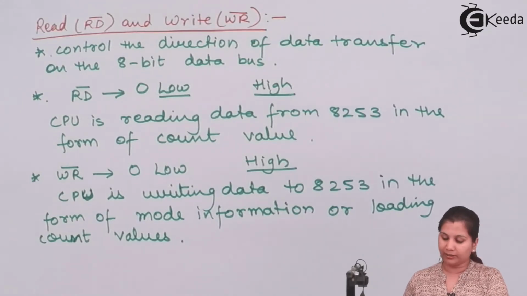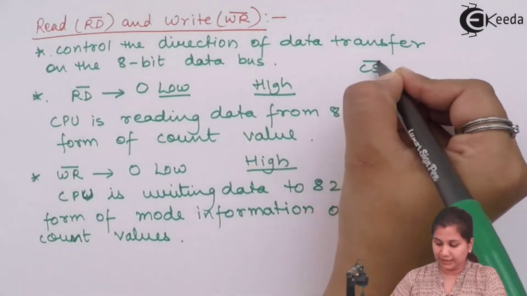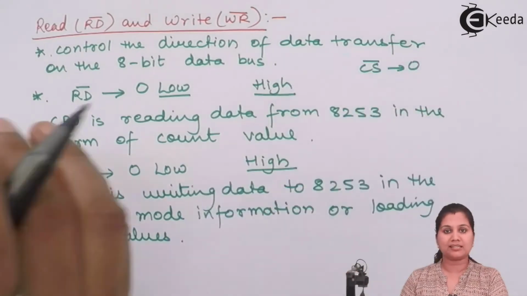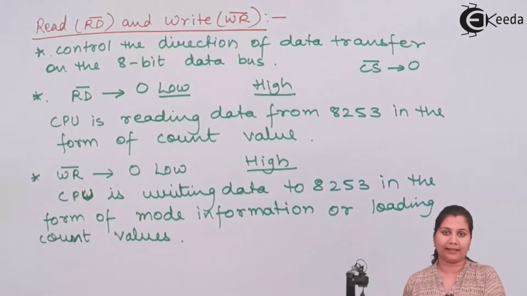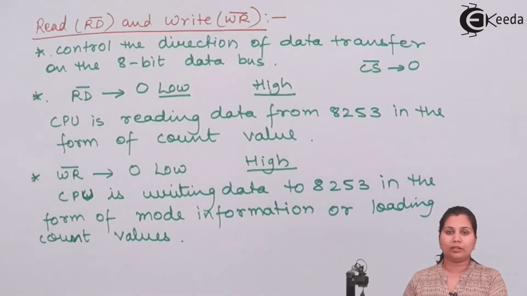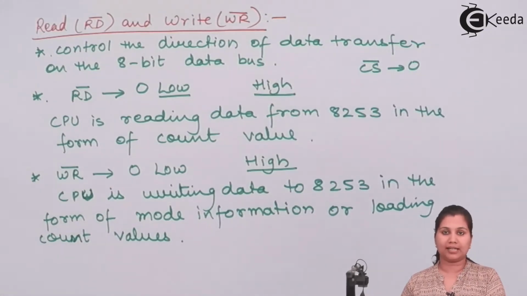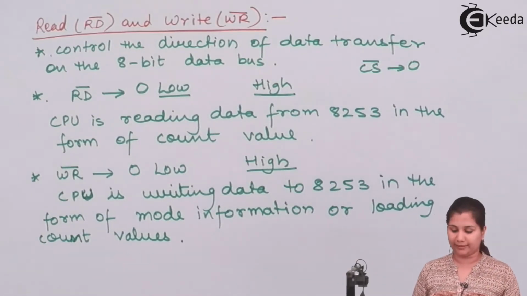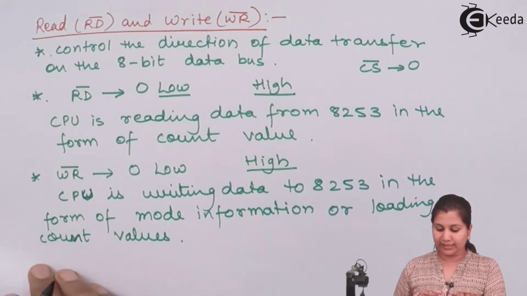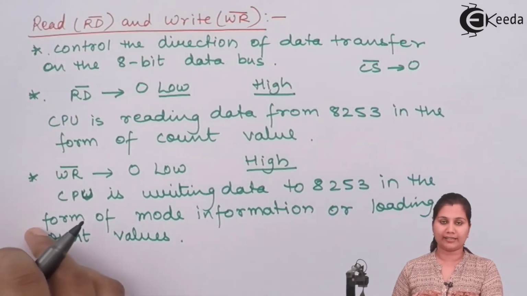If the chip select signal is enabled, that is 0, the chip is selected, but the read and write signals are high, so the data bus buffer will go into the high impedance state and no transfer of data will take place between the 8253 and the microprocessor. So this is the function of the read and write signals.